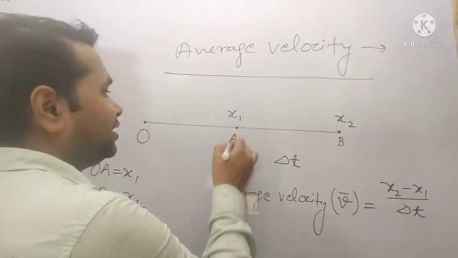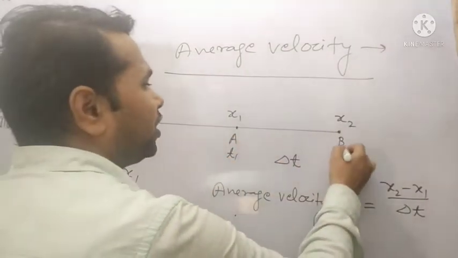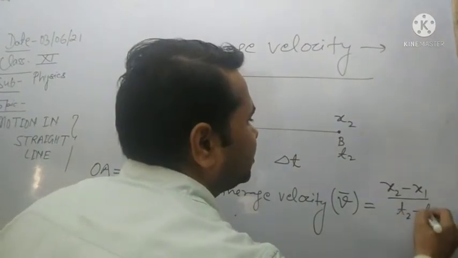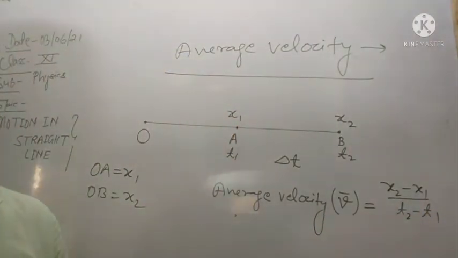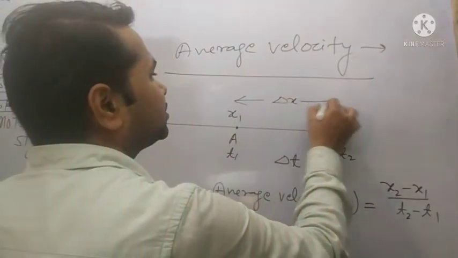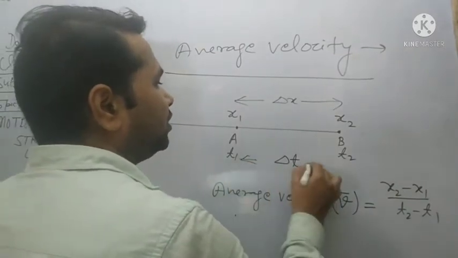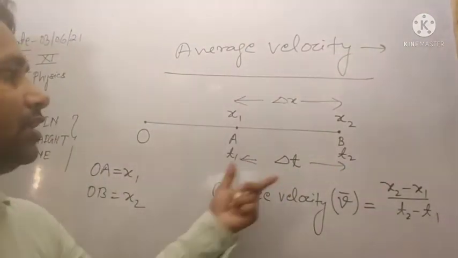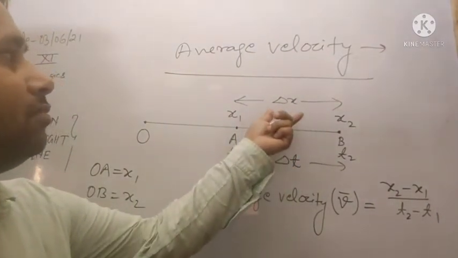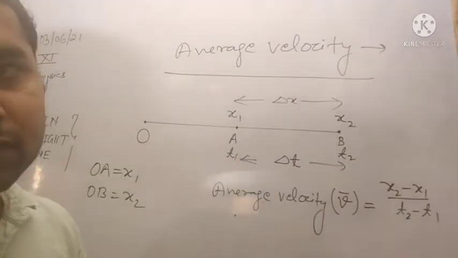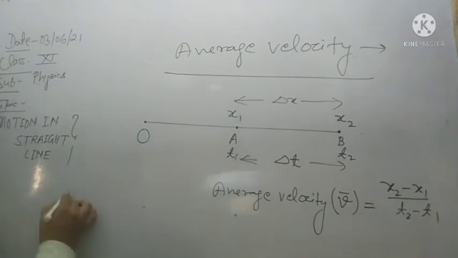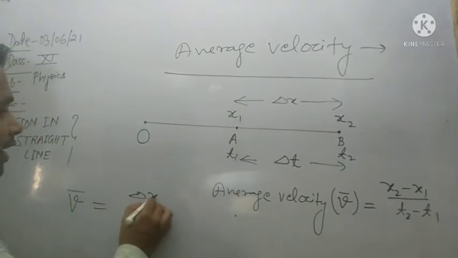Delta t means at this point time is t1, at this point time is t2, so you can also represent it as t2 minus t1, and that will be delta t. This displacement will be delta x, and the time interval is delta t. In this time interval delta t, the change in position is delta x. So we can represent average velocity V bar equals delta x upon delta t.